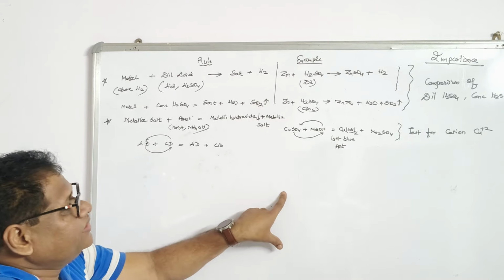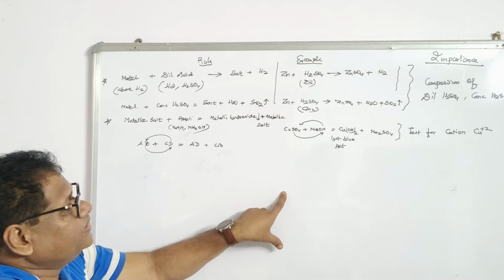So if you take iron salt ferrous, the precipitate will be dirty green, that will prove the presence of ferrous. If you take ferric, the precipitate will be reddish brown, proving the presence of ferric in this way. So a single equation sums up the whole chapter of qualitative analysis. The chapter is basically test for cations.